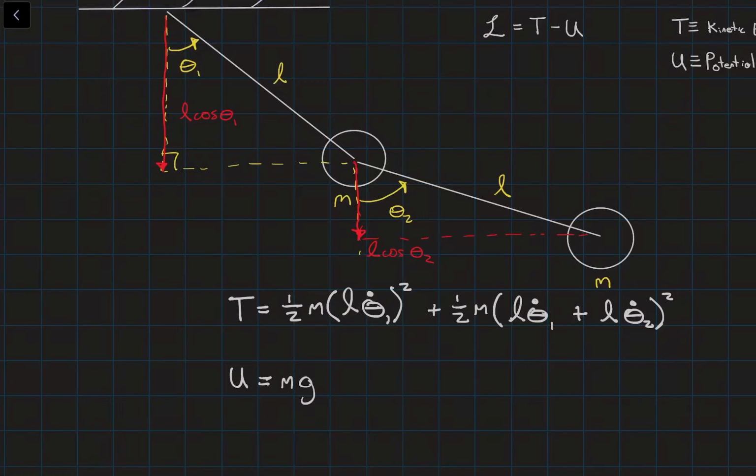Okay, so if theta gets bigger, the cosine of theta gets smaller, right? So if the cosine of theta gets smaller, we're actually moving to a higher elevation. If that makes sense, if you can see that.